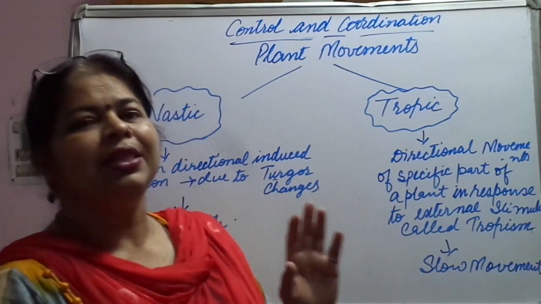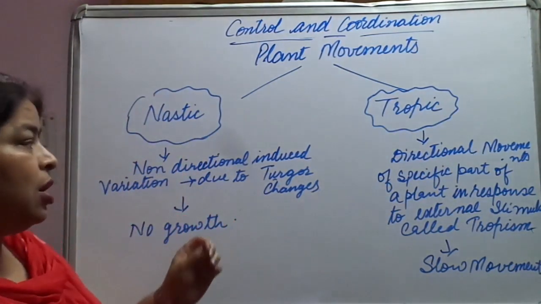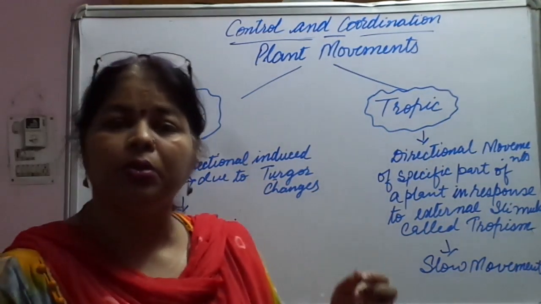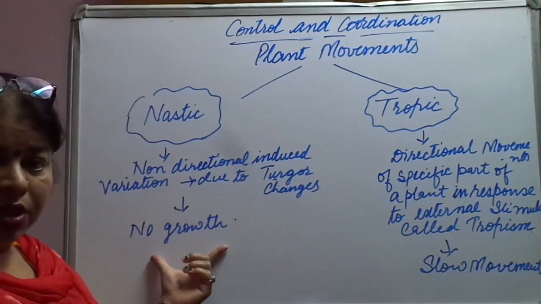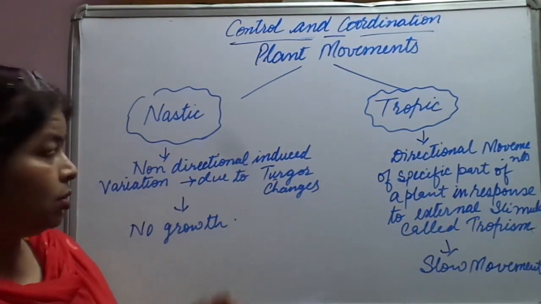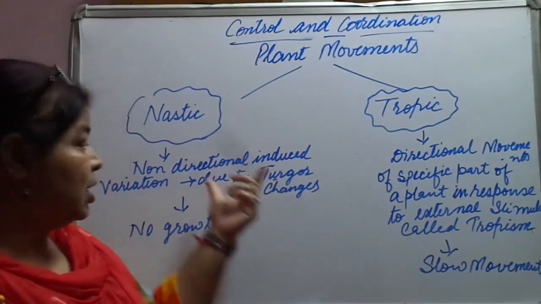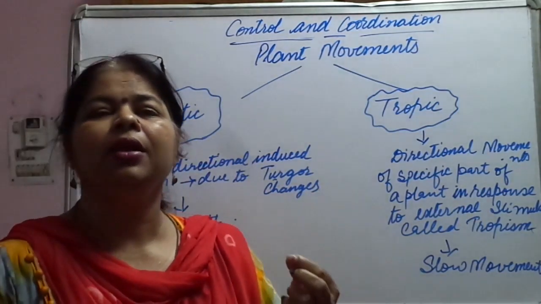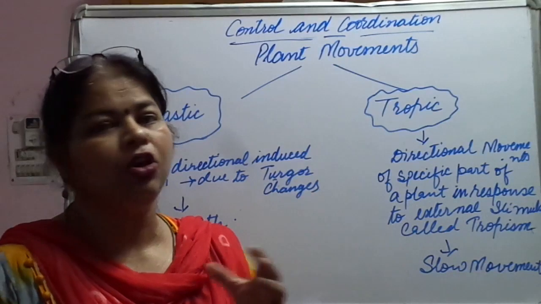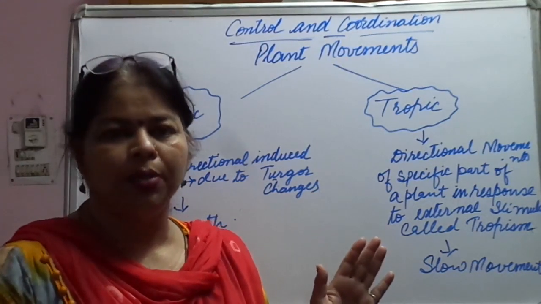So we say that such types of changes are not supporting the growth in the plant. Okay, no growth is taking place. Okay, so here you need to remember the turgor changes, the nastic movements, and they are not dependent on growth. They are not creating any kind of growth in the plant.